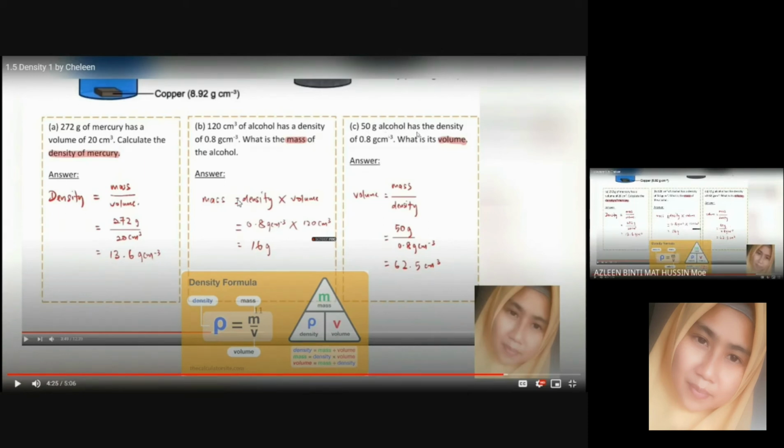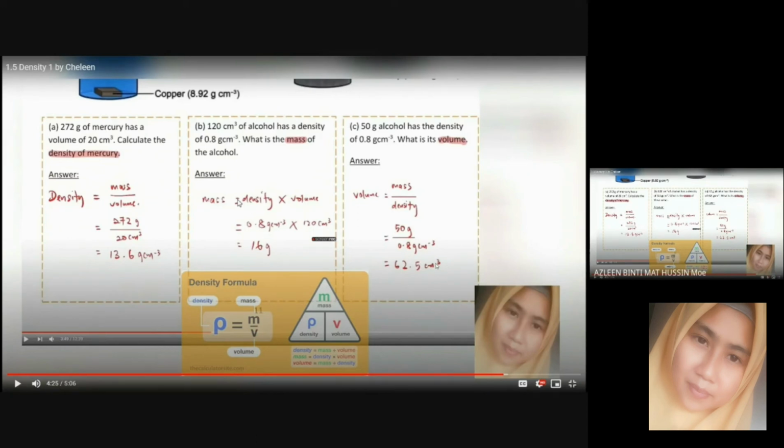Now the last question, part C. Question one, what is its volume, given the mass and the density. Looking back at the pyramid, to find volume, it is mass on top of the pyramid divided by the density down there. That is how to use the pyramid.